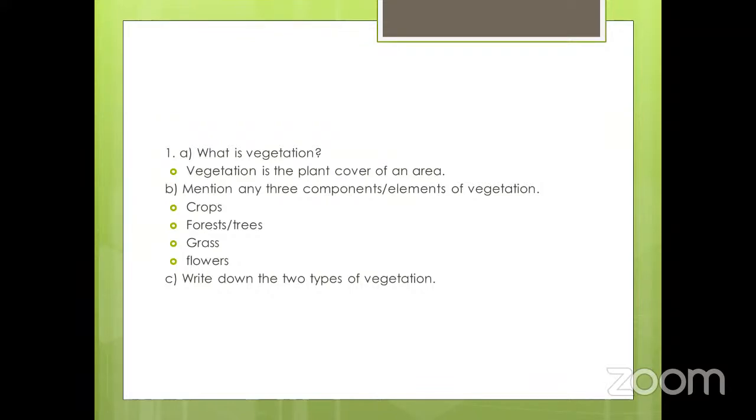Yes, Dan. Write down two types of vegetation.